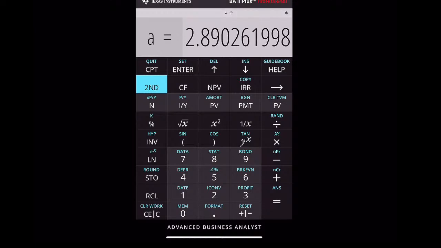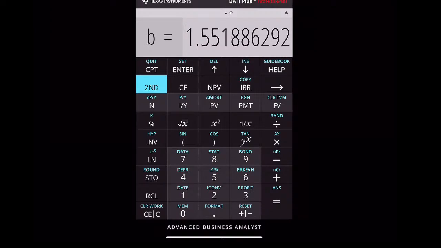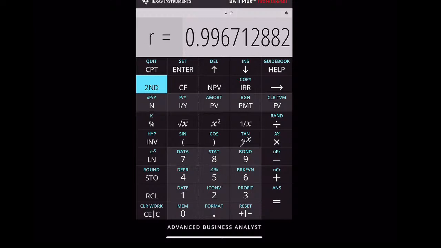And this is if you wanted to make the line. This is the beta, 1.55. And here is that correlation. That's important, that they're almost perfectly positively correlated. It reassures us that this is a good prediction line and the beta is meaningful, because the R is strong.